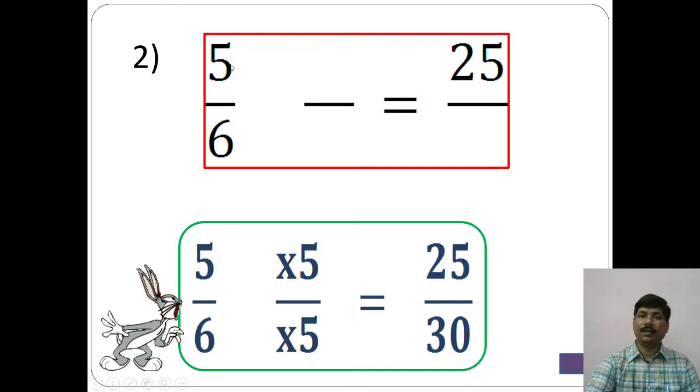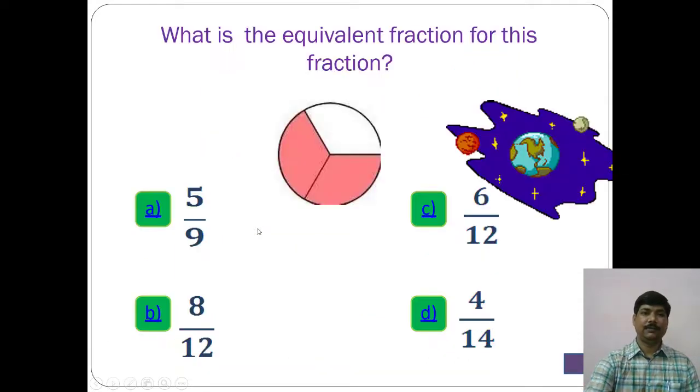If we multiply 5 by 5, we will get 25. So 6 must be multiplied by that same number. It means 6 multiplied by 5. In this way you will get the product 30. So the new fraction will be 5 multiplied by 5, 25, 6 multiplied by 5, 30. The new fraction will be 25 by 30. In this way 25 upon 30 will be the equivalent fraction of 5 upon 6.